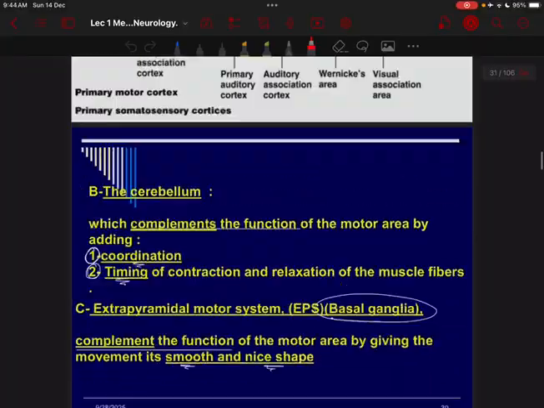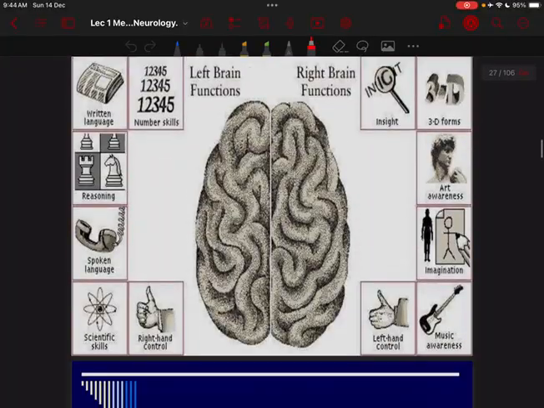Also, the cerebral cortex is divided into left hemisphere and right hemisphere, two hemispheres. And we said the cerebral cortex has four lobes, on the right and on the left, because the function of the left side of the brain differs from the function of the right side.